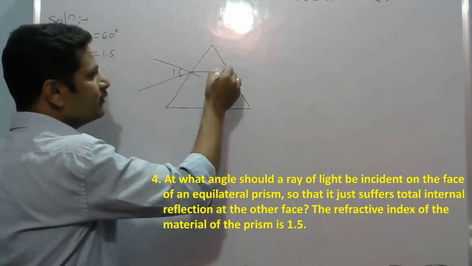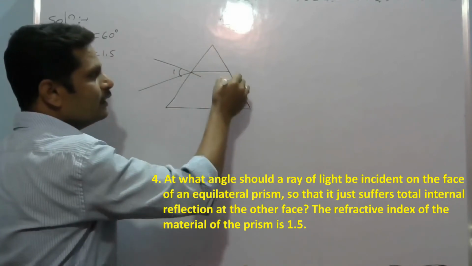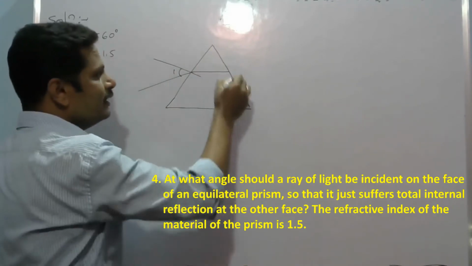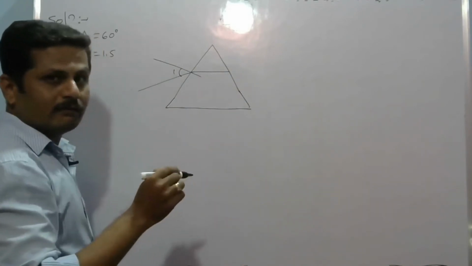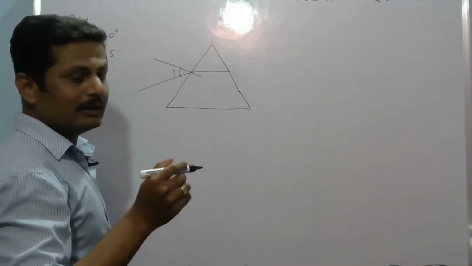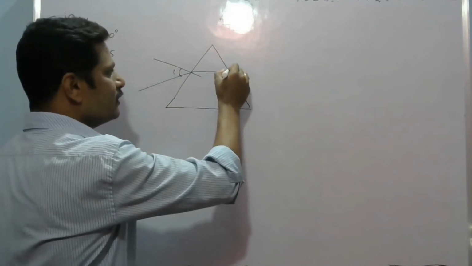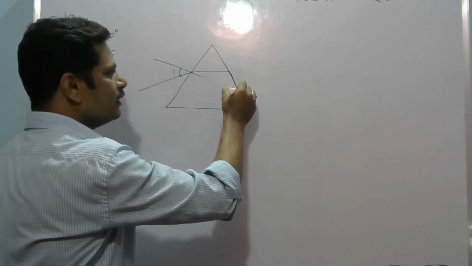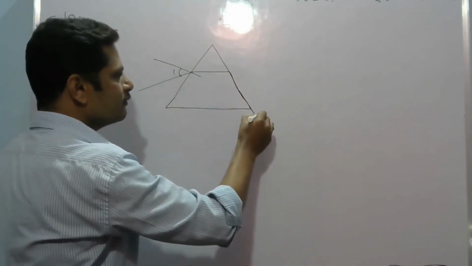It just suffers total internal reflection at the other side, so when it just suffers TIR, the light ray grazes over the surface.